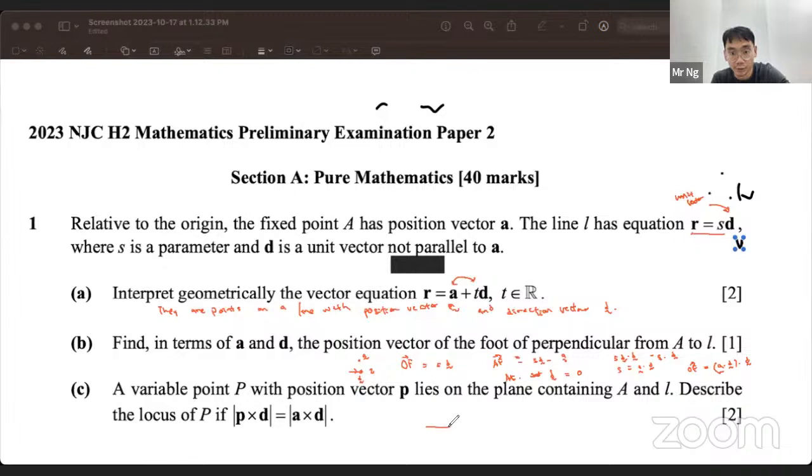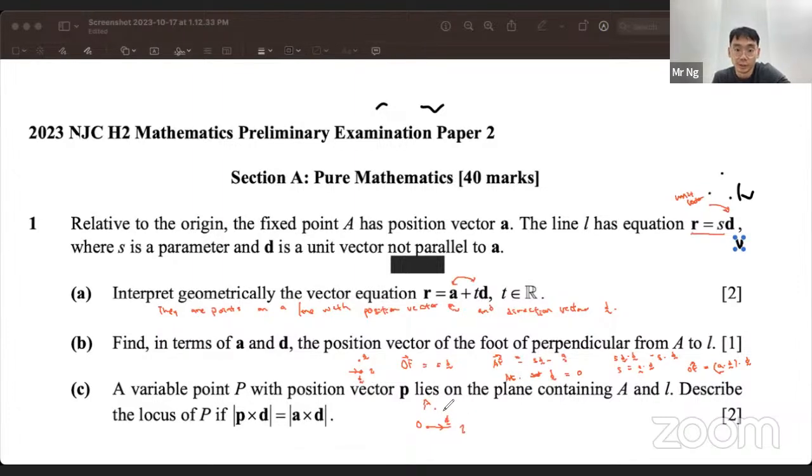Okay, so this is L, this is A, and this is the origin.